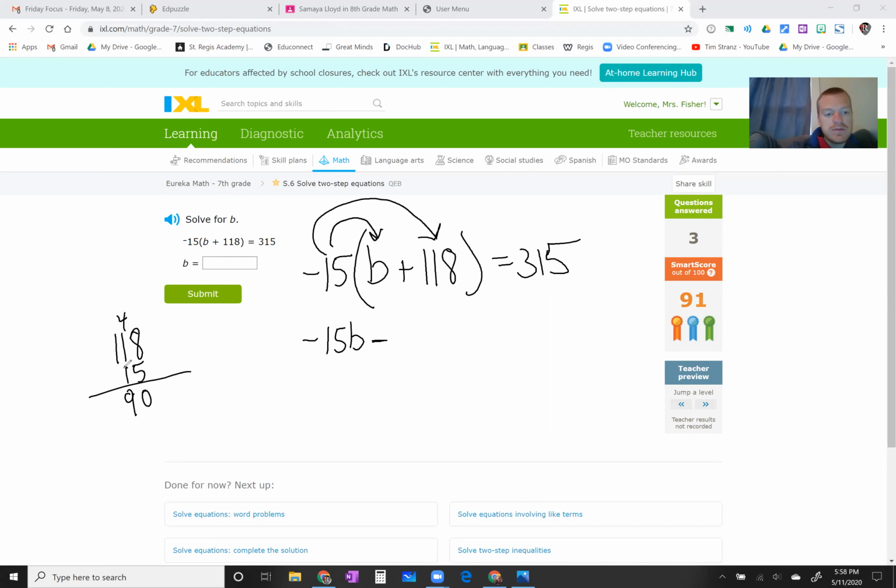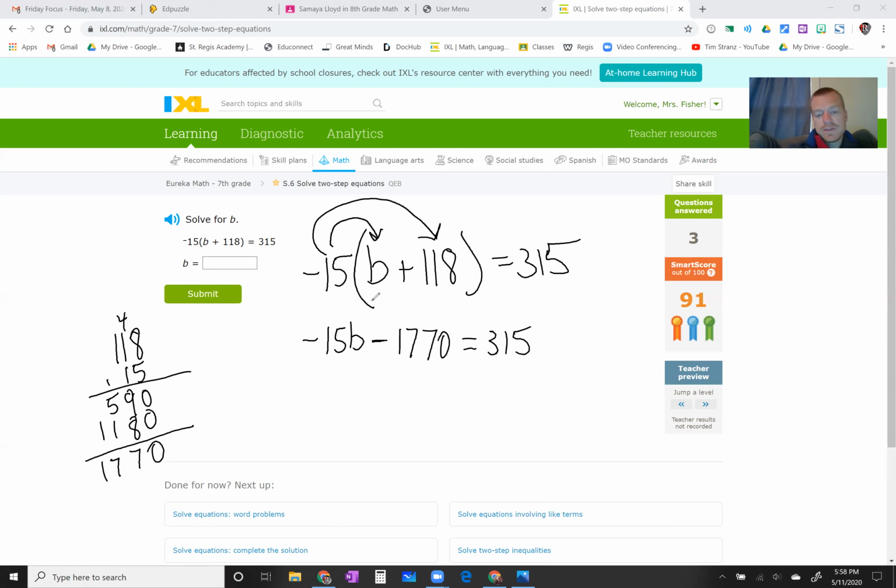And then 5 times 1 is 5. Add your placeholder. 1 times 8 is 8. 1 times 1 is 1. 1 times 1 is 1. 0, 17, 6, 7. So we got negative 1770 equals 315, right?